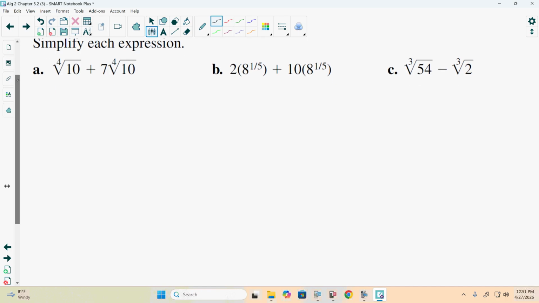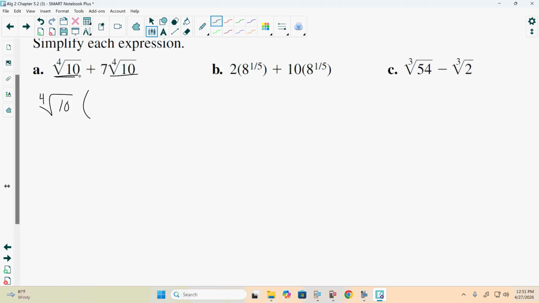I'm going to write it out in a way that will make sense and explain how this works, but you don't have to write this. Because if we look at this here, both of these terms have the fourth root of 10 in them. So they do have a greatest common factor of the fourth root of 10. And what I can do is factor it out of both.